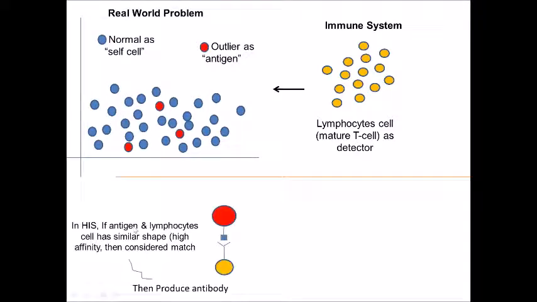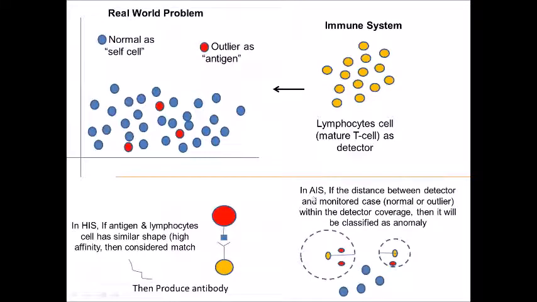If the antigen and lymphocyte have a similar shape, high affinity, like I mentioned during the explanation, it will produce antibody. In an artificial immune system, if the distance between the detector and the monitored case, normal or outlier, is within the detector coverage, then it will be classified as an anomaly.